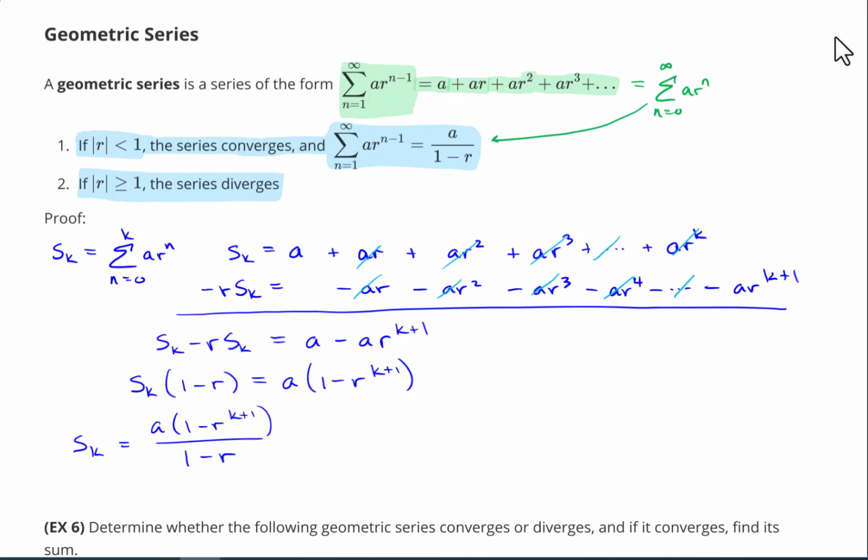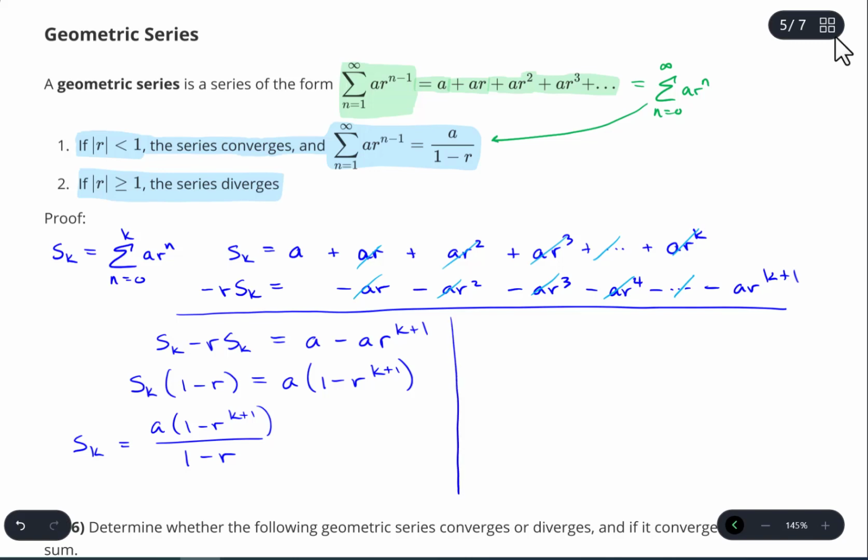Now, if I wanted to do an infinite series, and that's what we're aiming towards, so absolutely what we want to do, I would need to look at the limit as k goes to infinity of this sum, of a times 1 minus r to the k plus 1 all over 1 minus r.